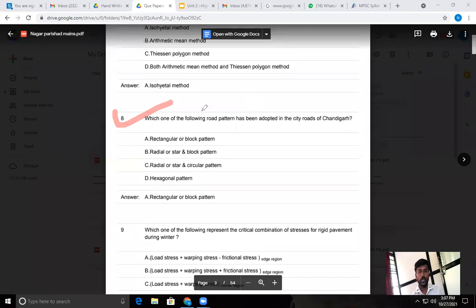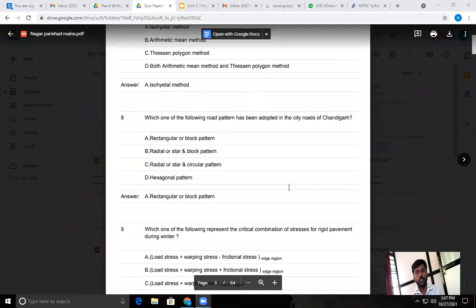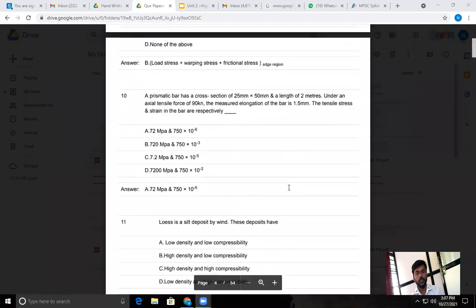Which pattern did they decide to go with, the rectangular or the block pattern? Okay. This is also very important. The next question is also from highway only, but that portion we have not yet covered.